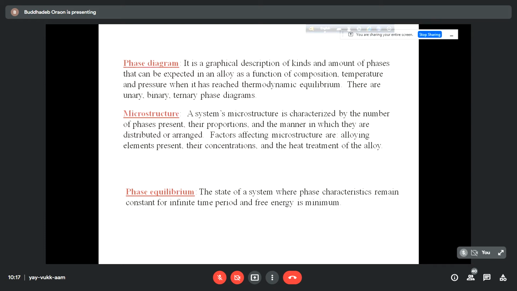Now the manner in which they are distributed or arranged, this distribution and arrangement, is actually influenced by the heat treatment process. So factors affecting microstructure are the alloying elements present and their concentrations, and the heat treatment of the alloy. Heat treatment is a very, very important technique by which you can modify the microstructure and thereby change the mechanical properties.